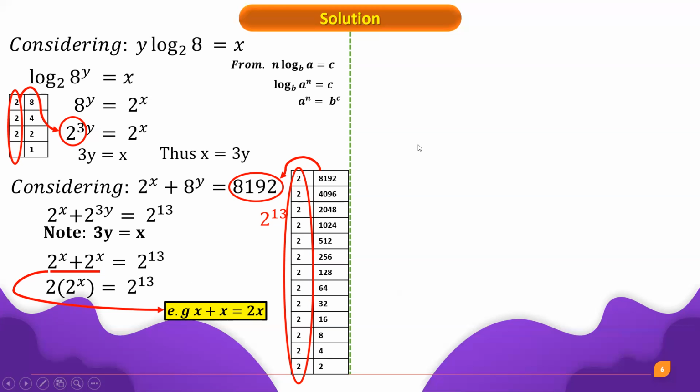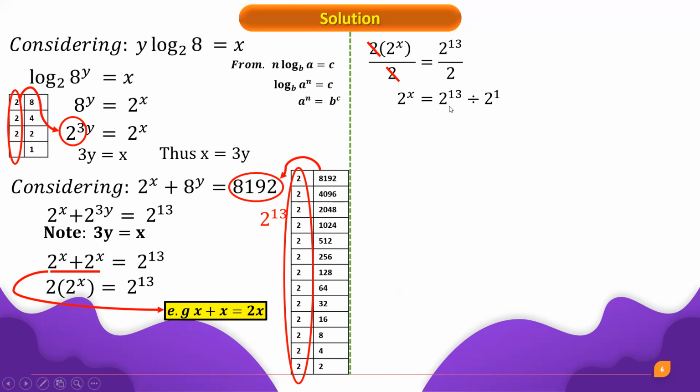Let's proceed and continue. Now we divide on both sides by 2, and we cancel the 2, getting 1. Since we are dealing with indices, we continue using the rules of indices. So 2 power x is equal to 2 power 13 divided by 2 power 1.